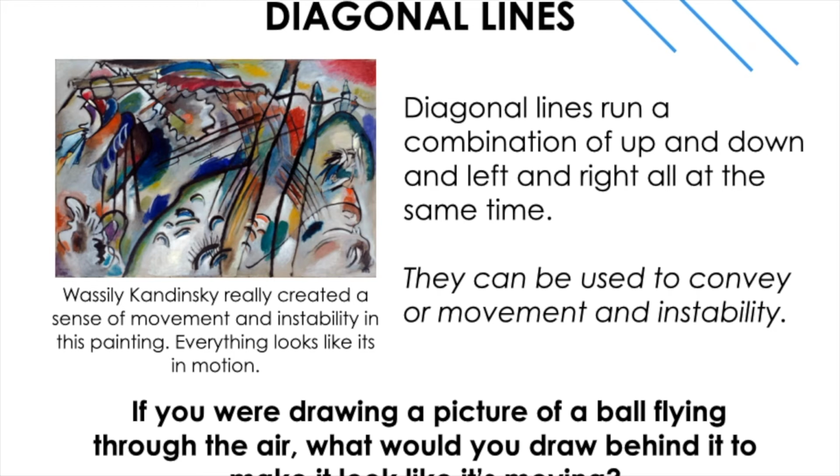Everything looks like it's in motion. If you were drawing a picture of a ball flying through the air, what would you draw behind it to make it look like it's moving? You see this a lot in comic books, which we also talked about last week. If a baseball player is throwing a ball through the air, typically what you would see behind it are some diagonal lines to show that it is, in fact, moving.